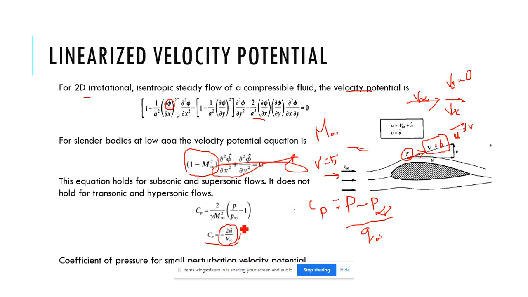So this is the coefficient of pressure for the small perturbation velocity potential equation. Just note down these two formulas and the velocity potential formula also. Write these three formulas and intimate me when you have finished.